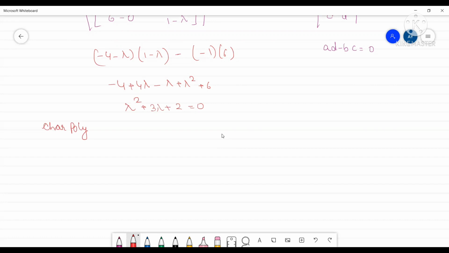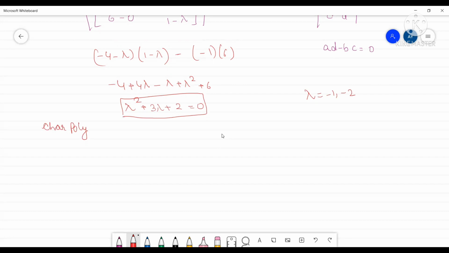The roots you'll have are lambda is equal to minus 1 comma minus 2. So this is actually a characteristic polynomial.